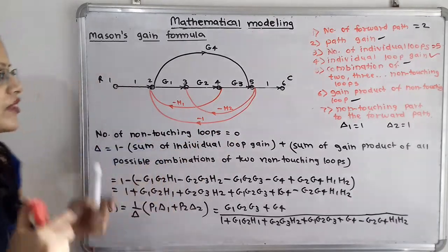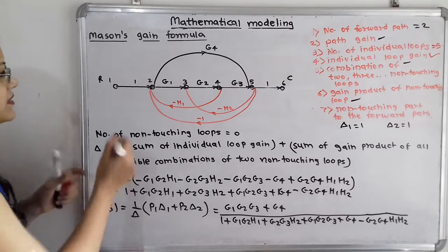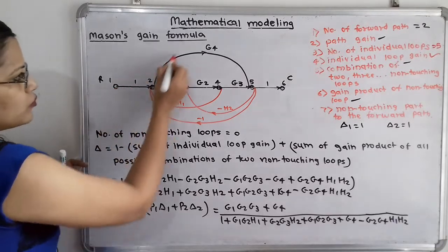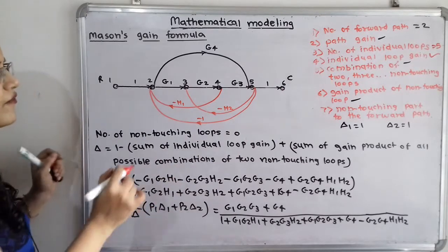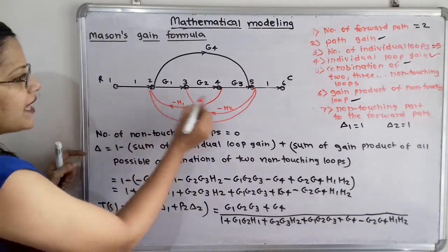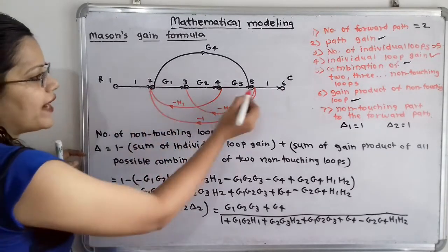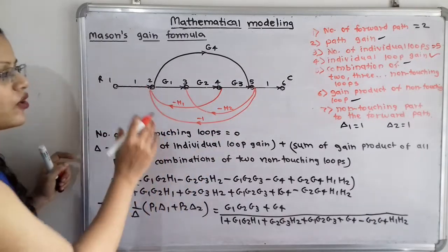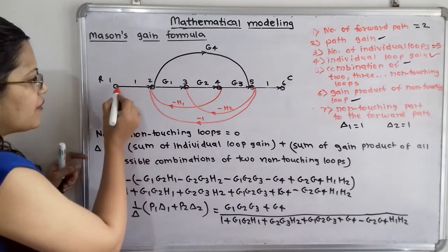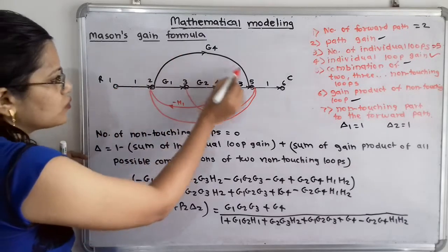Then we will move for the next forward path, that is 1 to 2, then through G4 there is node 5 and then 6. Now if we observe, all the loops are touching this node 2 and node 5.